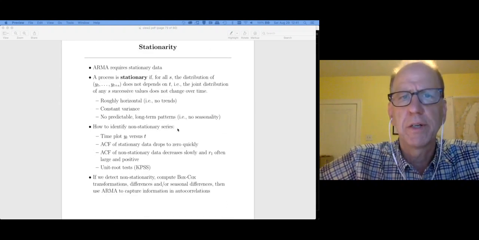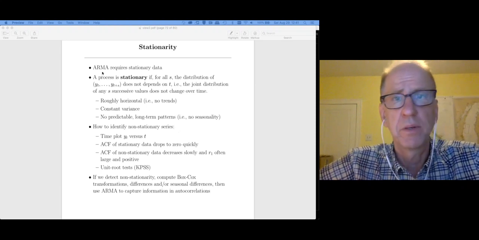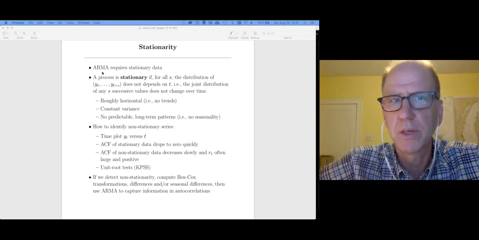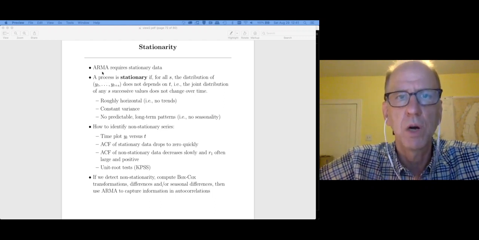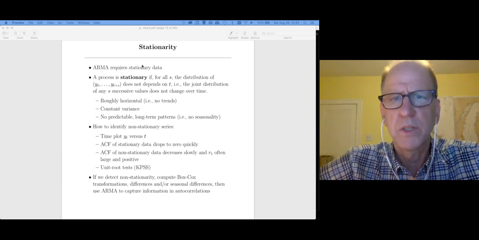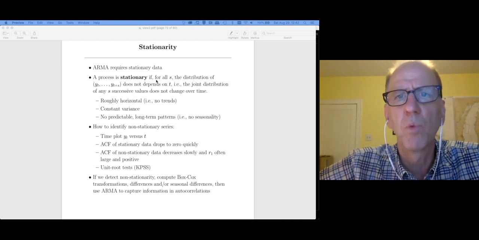What is stationarity? Let me start by reminding you that the reason we care about stationarity is ARIMA models assume it. So we can't use ARIMA unless we've got stationary data. What is stationarity? This was the definition I gave you back in week 1.